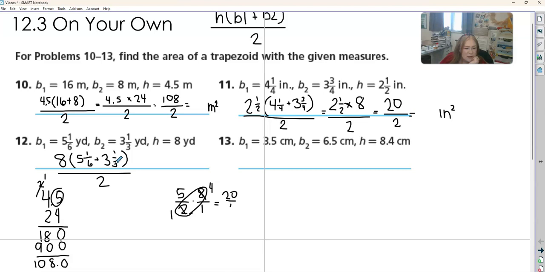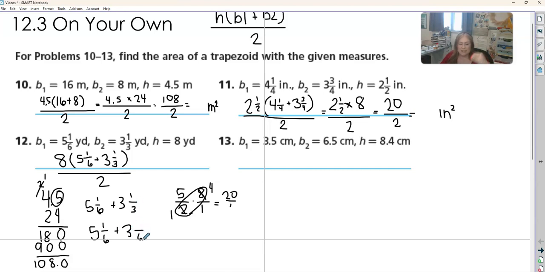So this one we're going to have to do a little bit more work here. So we have 5 1/6, and we're adding on 3 1/3. I notice my denominators are not common. So we need to create common denominators. And I know 3 can go into 6, so they can both turn into 6s. So this one will stay the same. Now we have 3, we're going to turn it into 6.